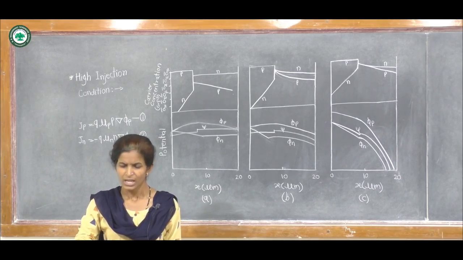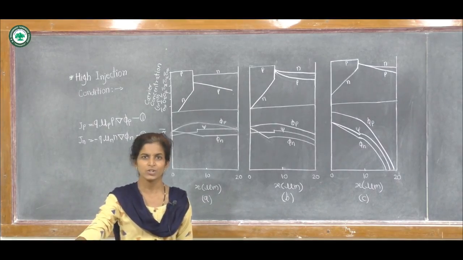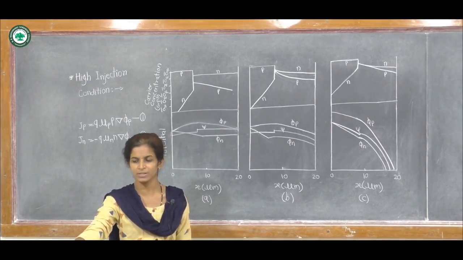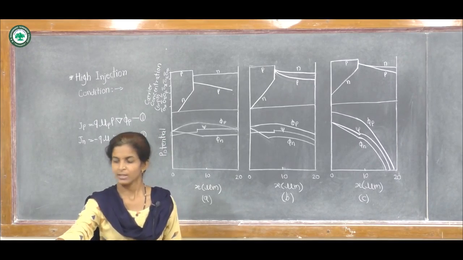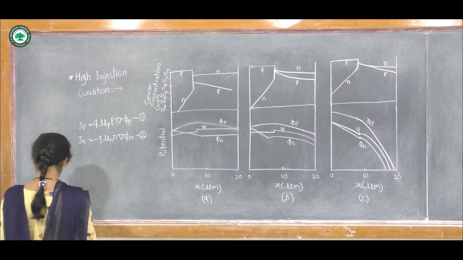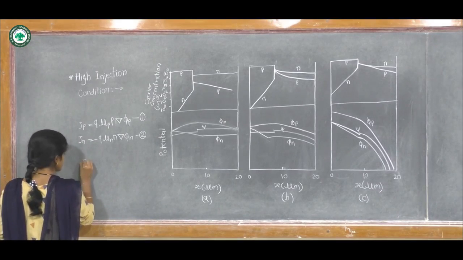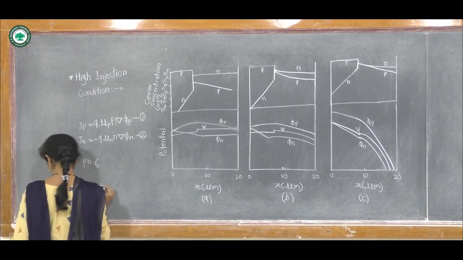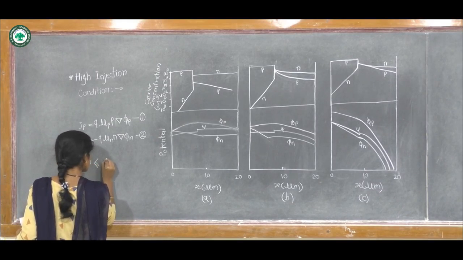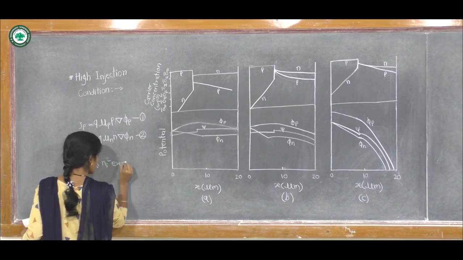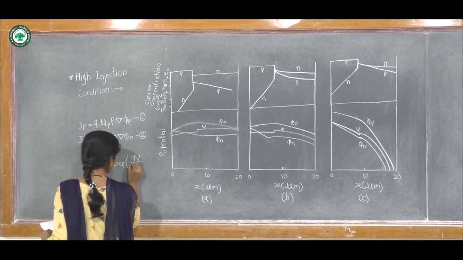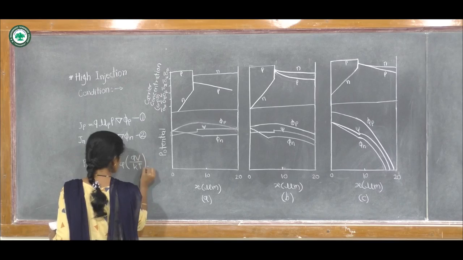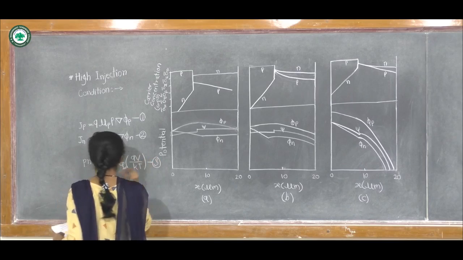Thus, everywhere the separation of the quasi-Fermi levels or MREFs must be less than or equal to the applied voltage, and therefore the product pn must be less than or equal to ni square exponential of qV by kT. So this is equation number 3.